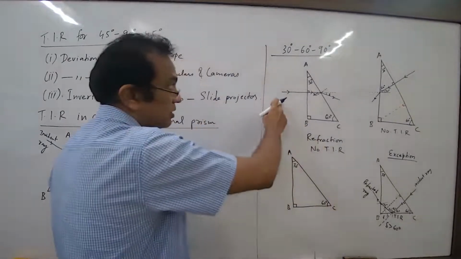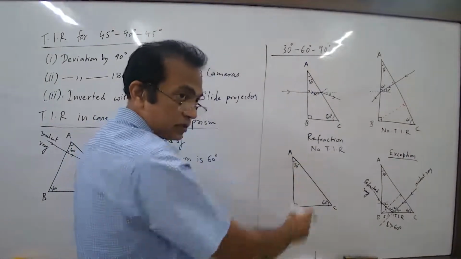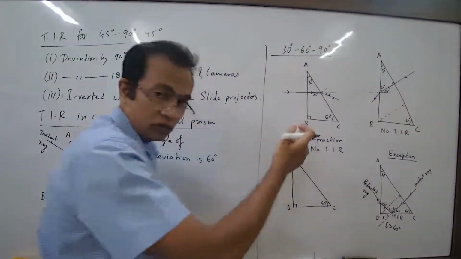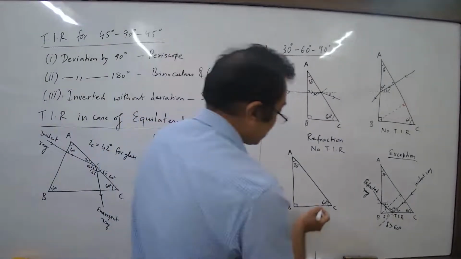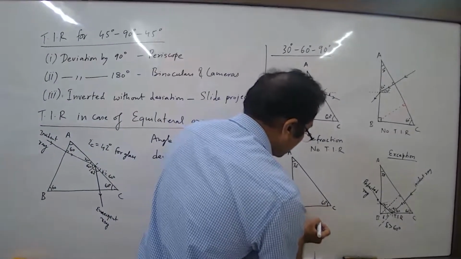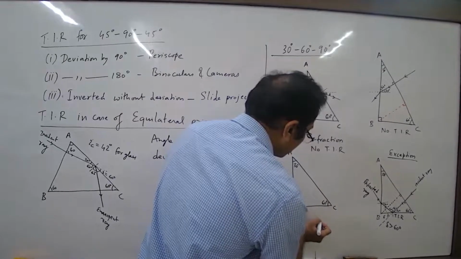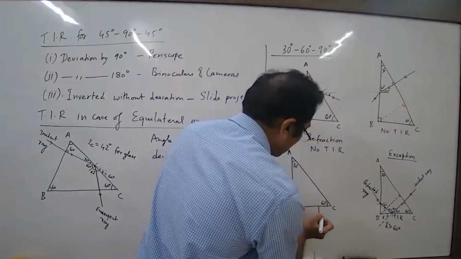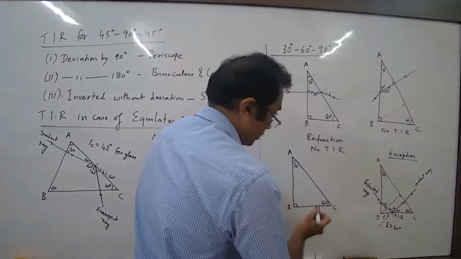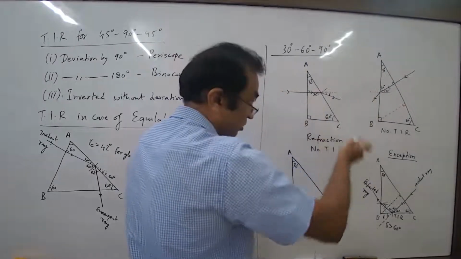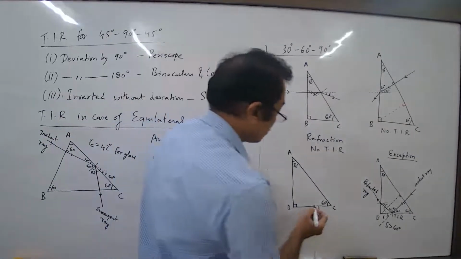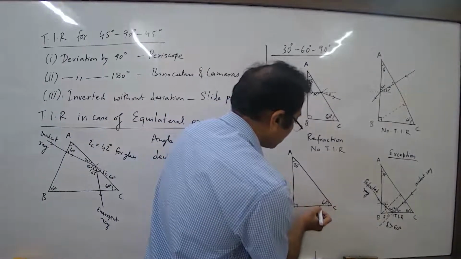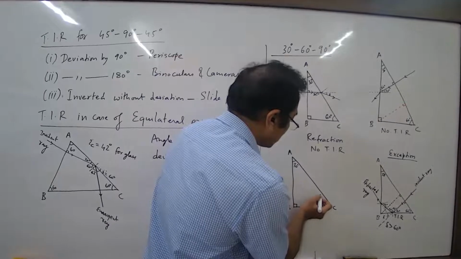So far the ray was incident from the bigger lens. Now the ray is incident from the base. So when the ray is incident from the base, like this, along the normal, then it will reach the other end.